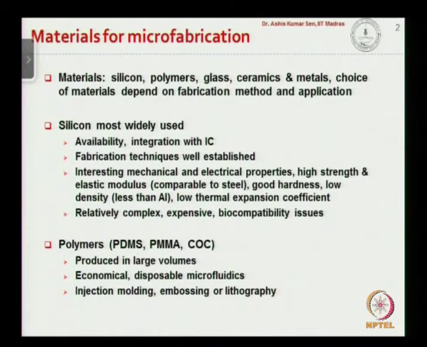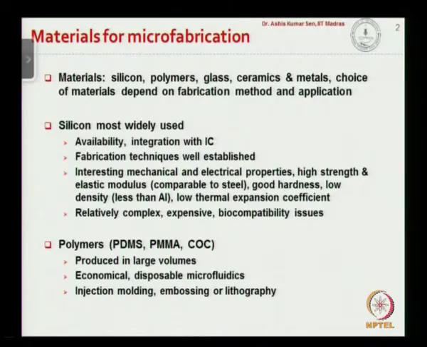The materials that are available for microfabrication are silicon, polymers, glass, ceramics and metals. Okay. And the choice of selection of a material would depend on the application that we are interested in and the fabrication techniques that we want to follow.